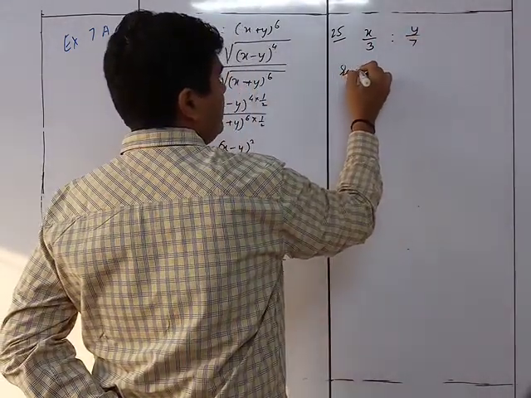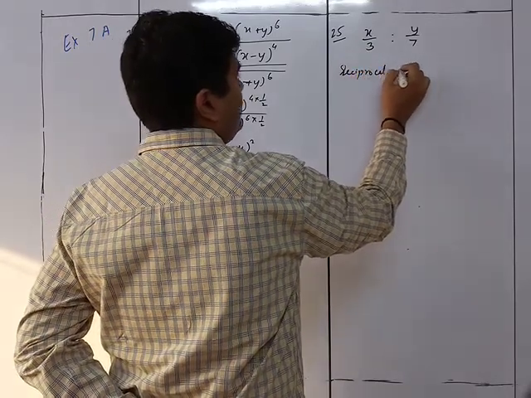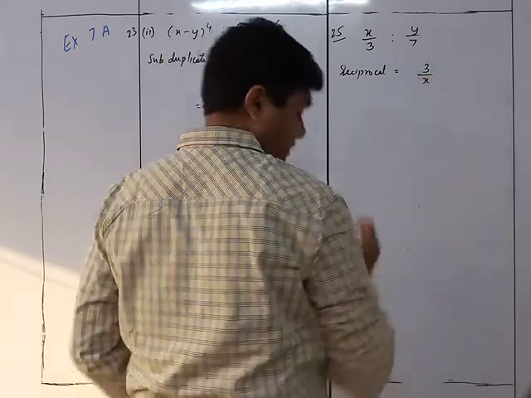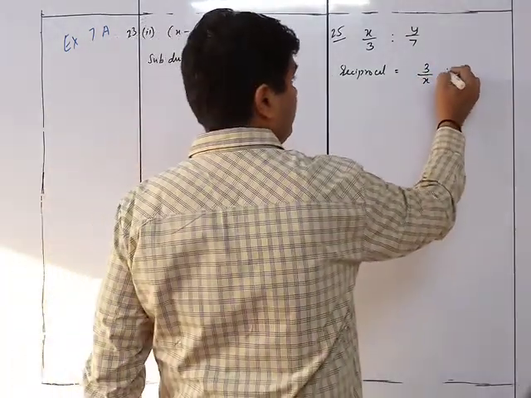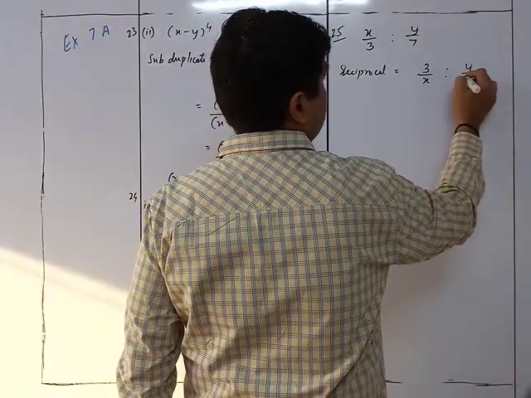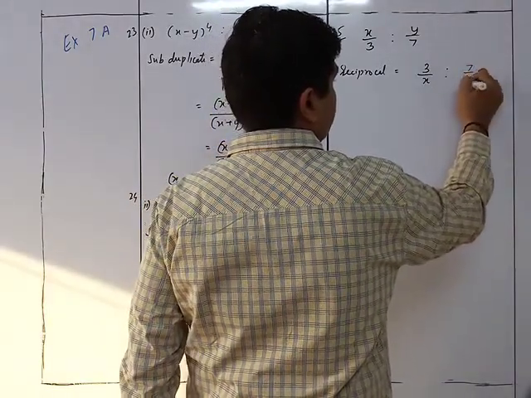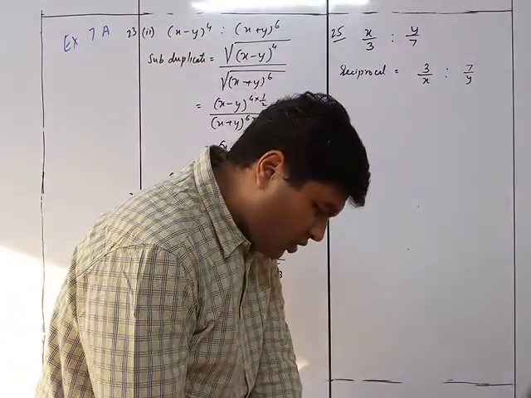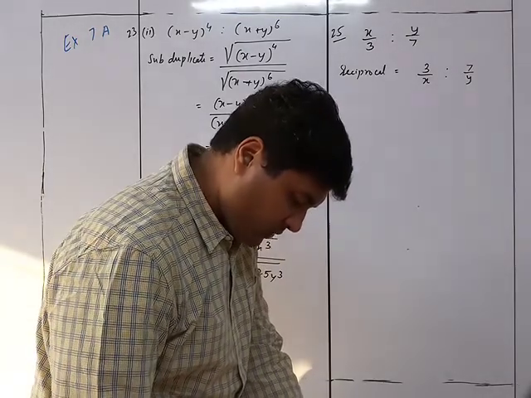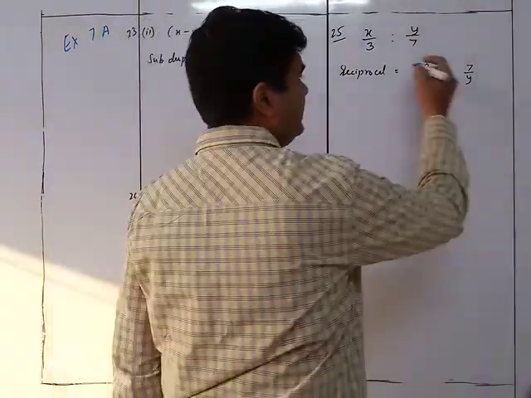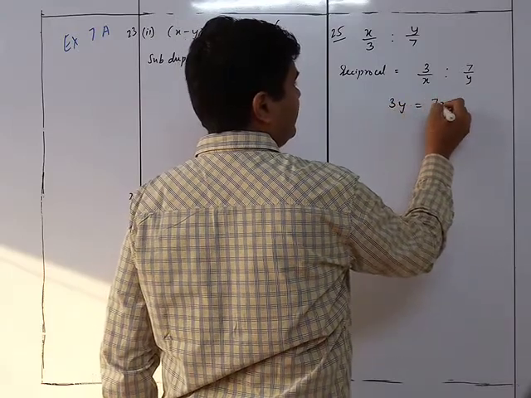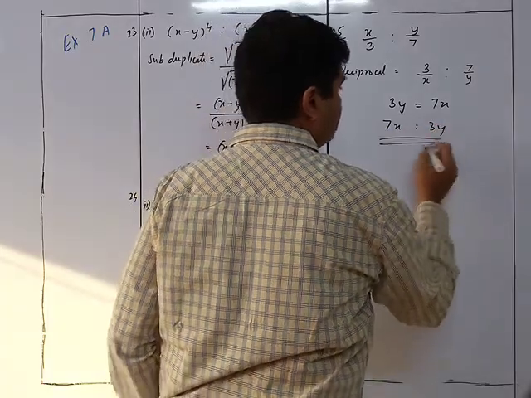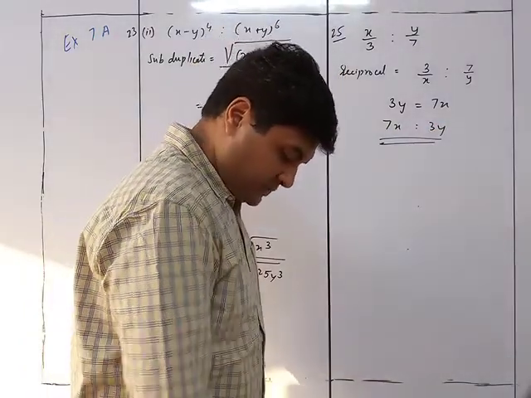So reciprocal will be equal to 3 upon x, okay, is to 7 upon y. Okay, so we need to take the reciprocal like this, or do we need to solve further? Let's check it out. Yeah, we need to just cross multiply. So it is going to be 3y is equal to 7x. So 7x is to 3y. That's the answer. There is 7x.